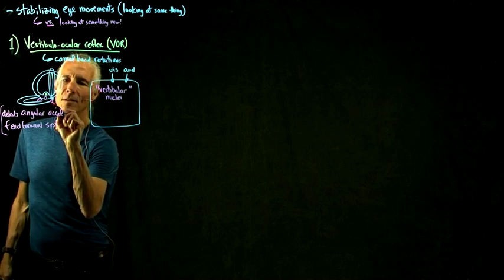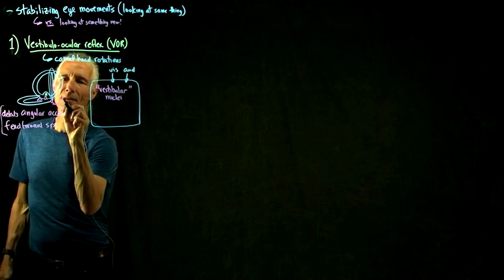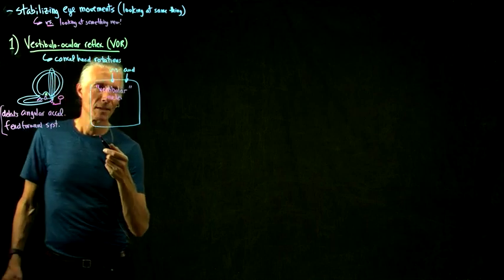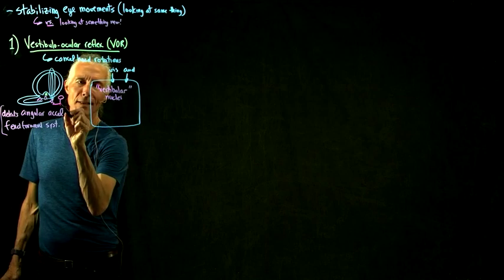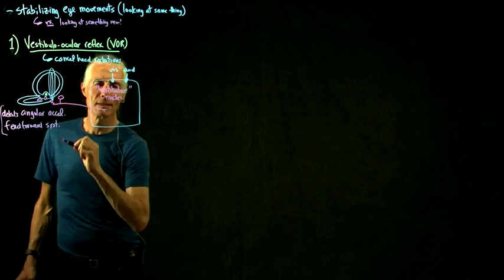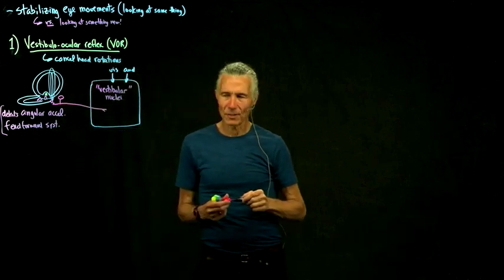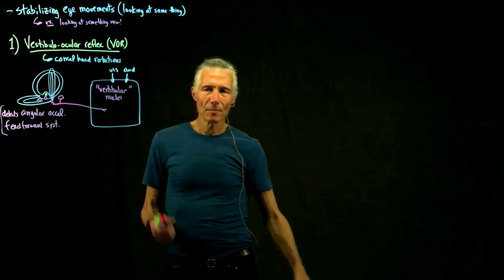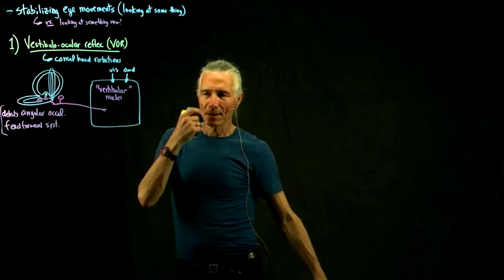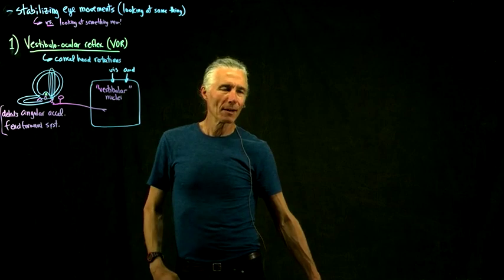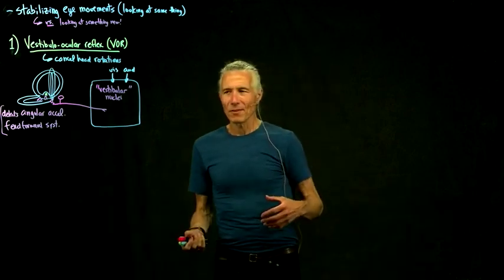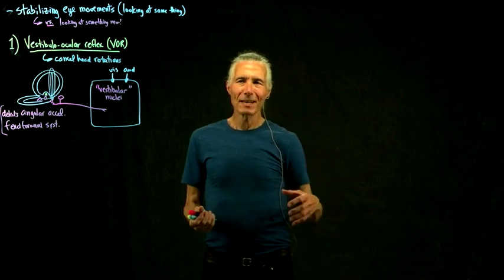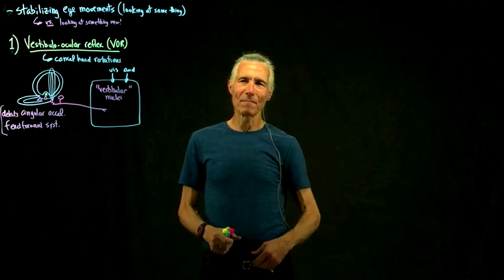So here's a little synapse made onto that guy. There's the ganglion cell that's near the cochlear ganglion, and that guy comes in and synapses on these vestibular nuclei cells, and because of that, that's why it's called the vestibular nuclei. But really, they're kind of the general purpose nuclei for maintaining posture, something like that.